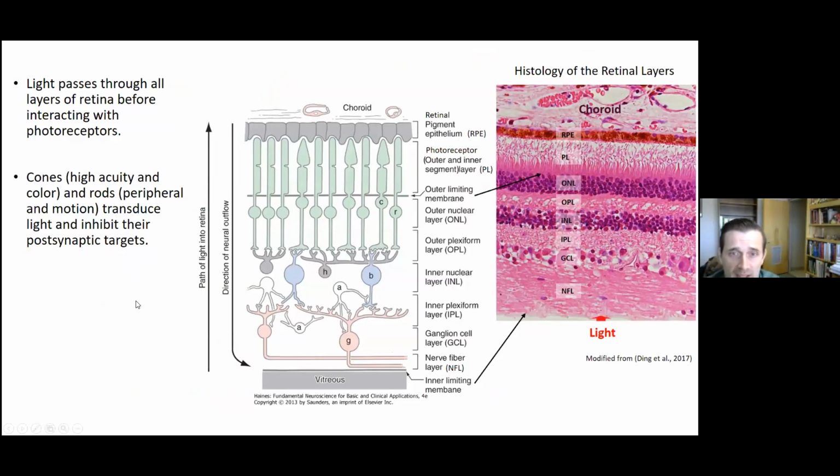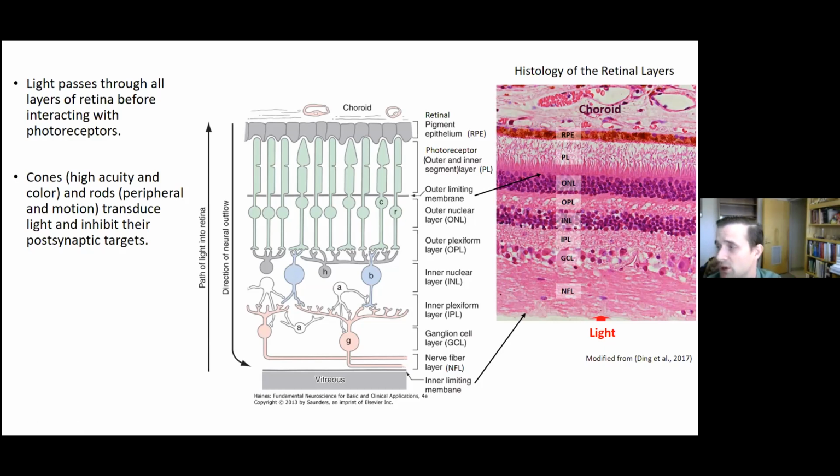Now, the retina, as displayed here in both this illustration and this sample from a histological slide, you will see that light essentially has to pass through all of these layers.